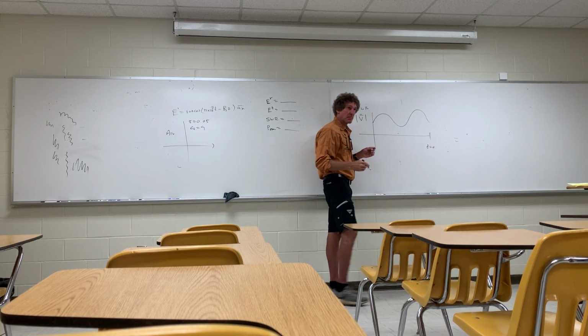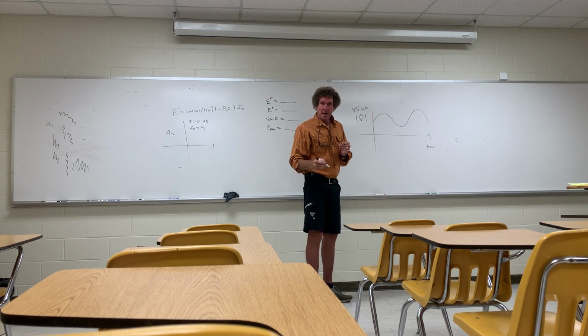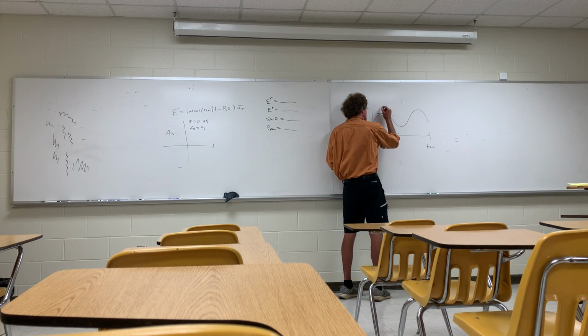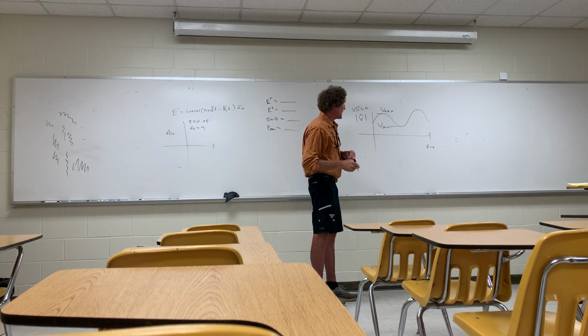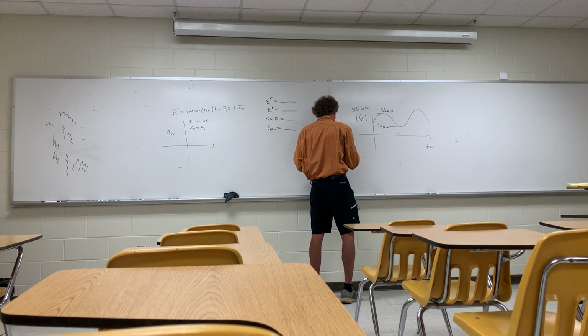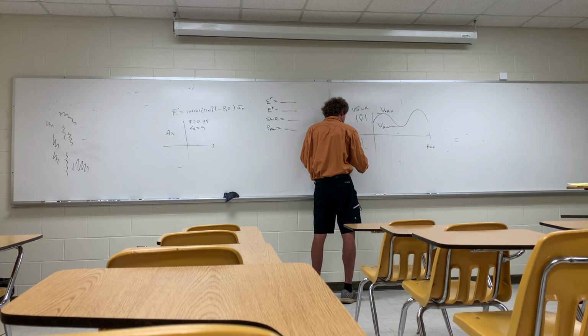This is the peak value, V max, and this was V min, right? And the standing wave ratio was the magnitude of V max over the magnitude of V min.